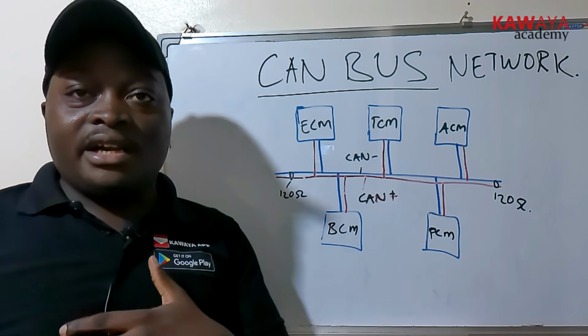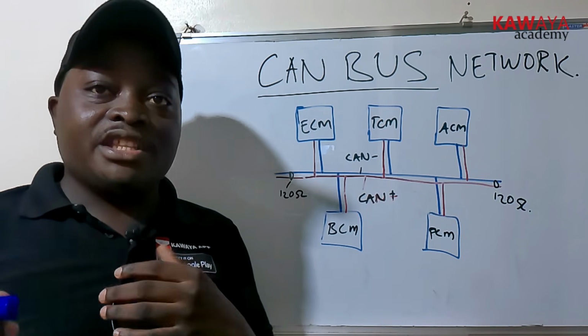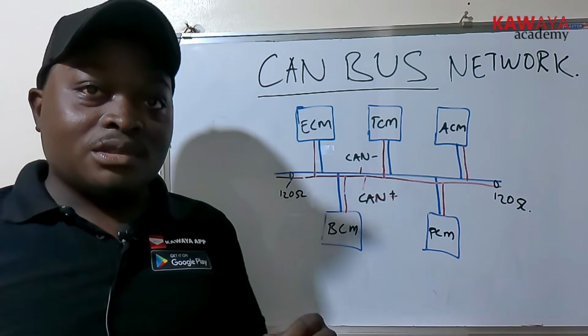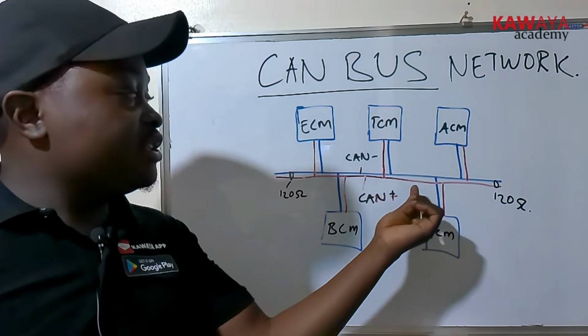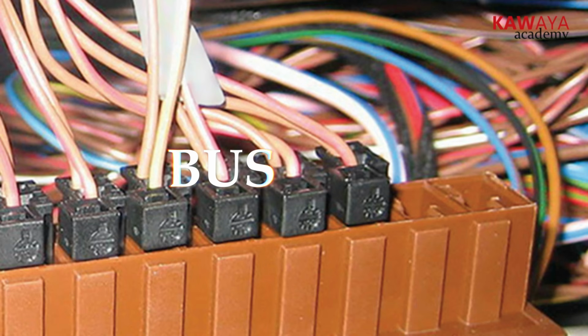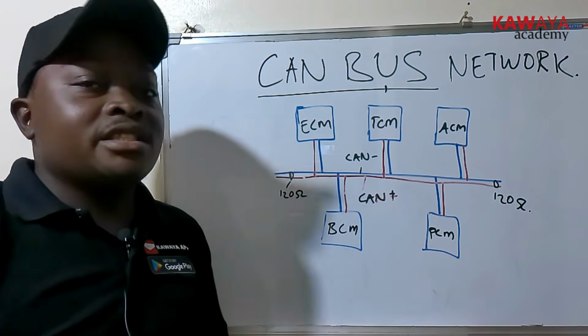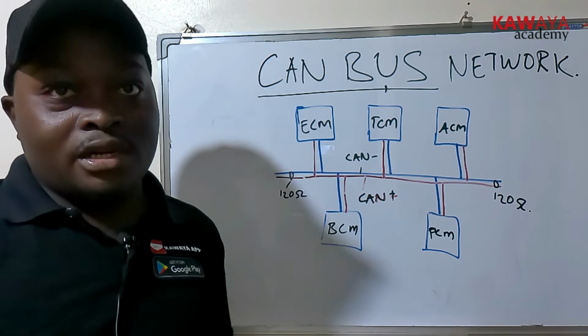The system these different computers use is called the CAN network, and the physical wires connecting the different computers are what we call the bus. Hence the name CAN bus network.